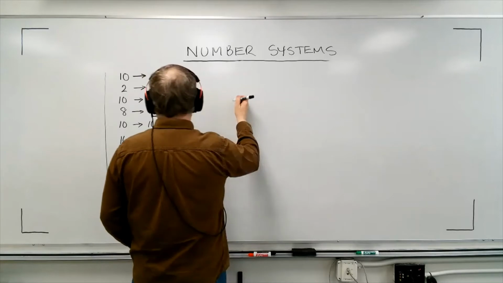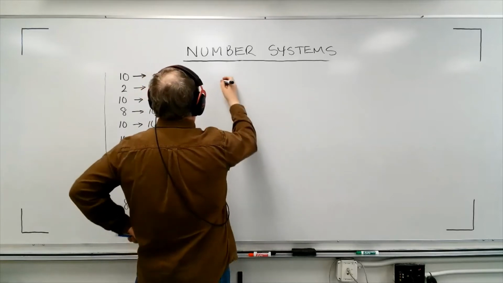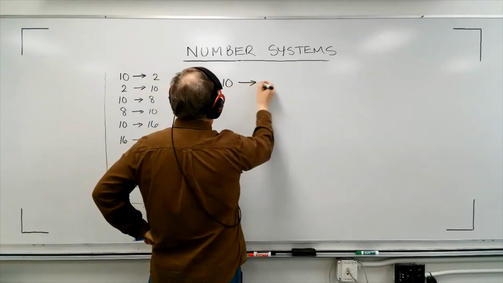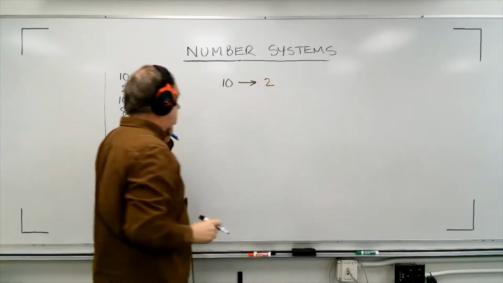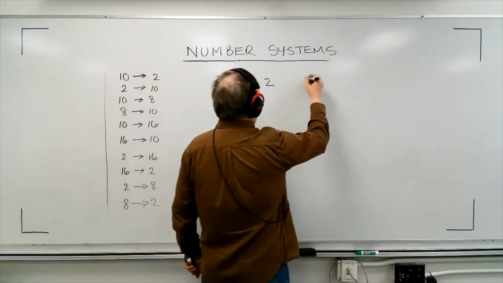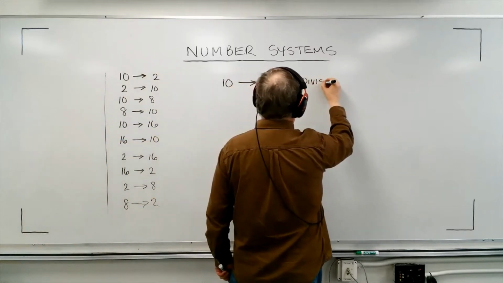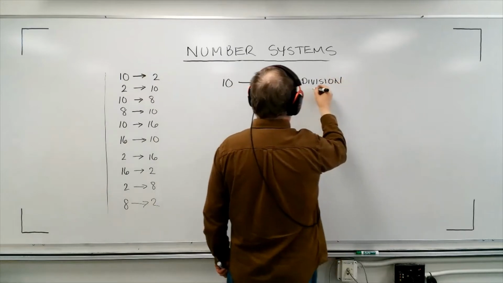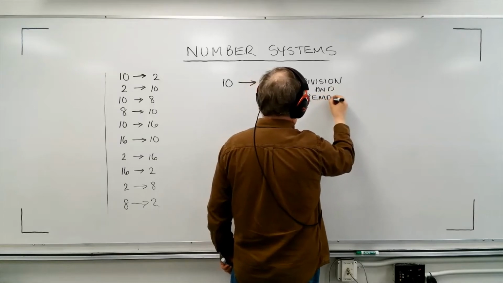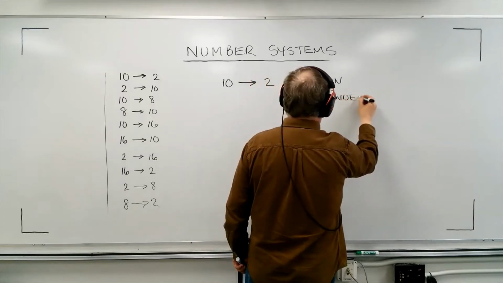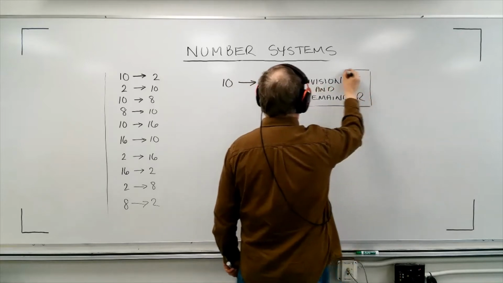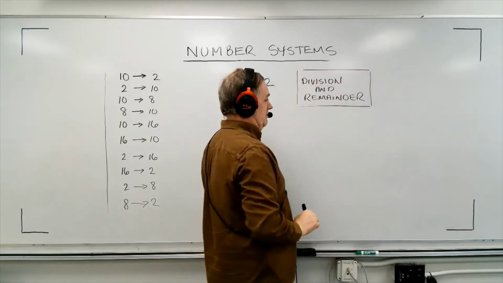So the first process that we're going to use is to convert a number from 10 to 2. And this process is called division and remainder. Okay, so this is the first process that I'm going to show you how to do, division and remainder.